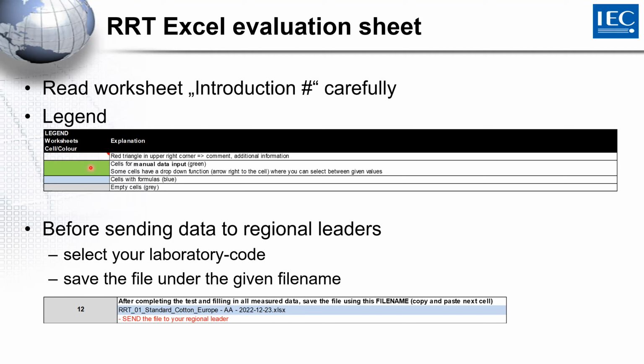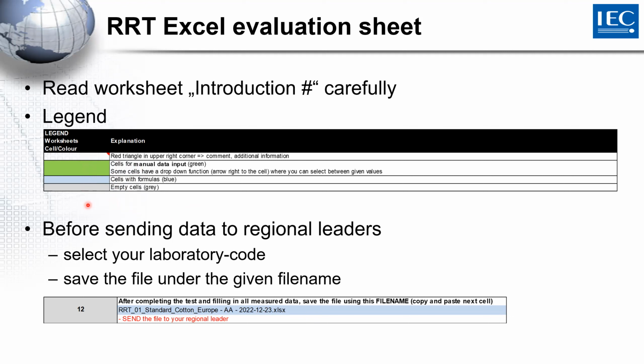That means these cells have to be filled by you with the parameters you have measured. Blue cells are more or less on the right, and these are formulas, so that means you don't have to touch them. They are updated automatically. And we have gray cells. These are our headers and something like that.